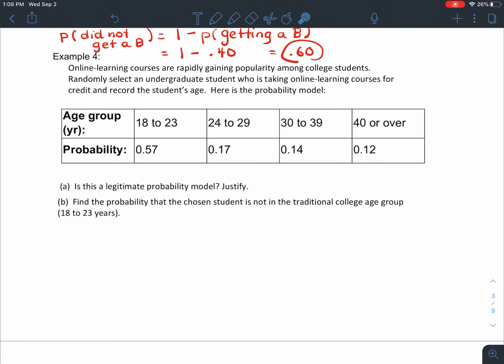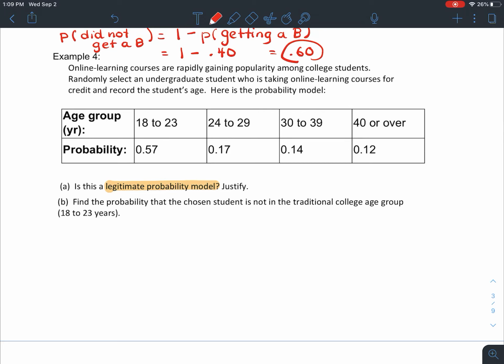It says, online learning courses are rapidly gaining popularity among college students. Randomly select an undergraduate student who is taking online learning courses for credit and record the student's age. Here is the probability model. So we have these ages, and this is the likelihood that people who fall in those age brackets would be taking an online course.